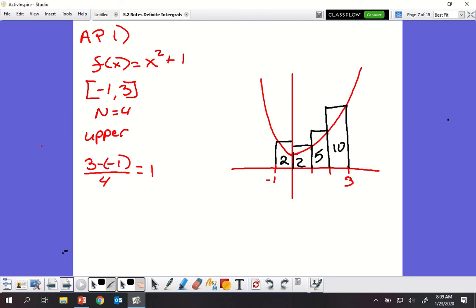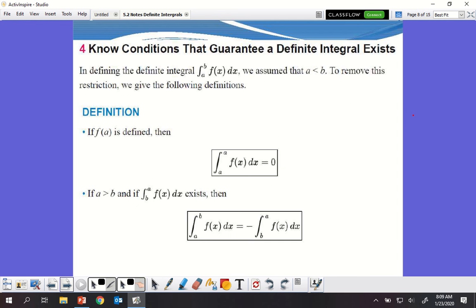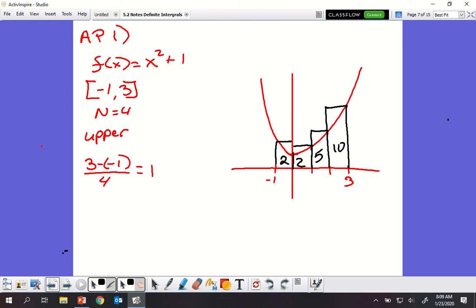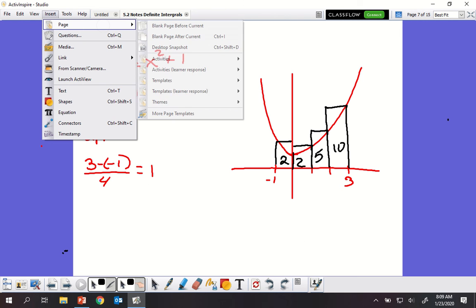Okay. So right here we're actually starting with the left interval. Let me insert a page, blank after current. All right, so let's set up my interval again.